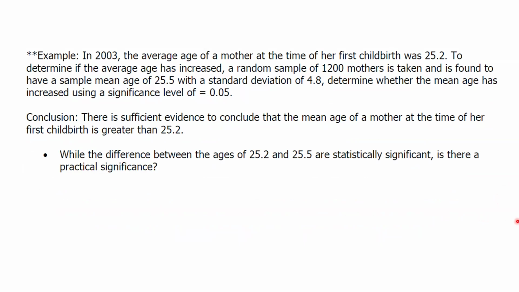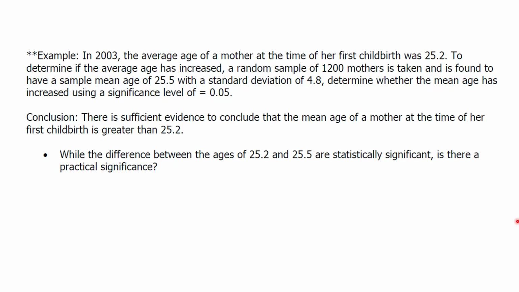All right. So in 2003, the average age of a mother at the time of her first childbirth was 25.2. To determine if the average age has increased, a random sample of 1,200 mothers is taken and is found to have a sample mean age of 25.5 with a standard deviation of 4.8.